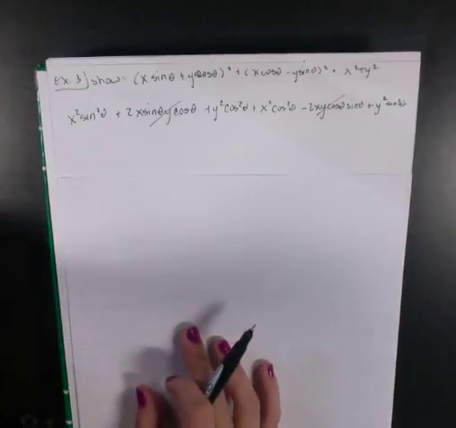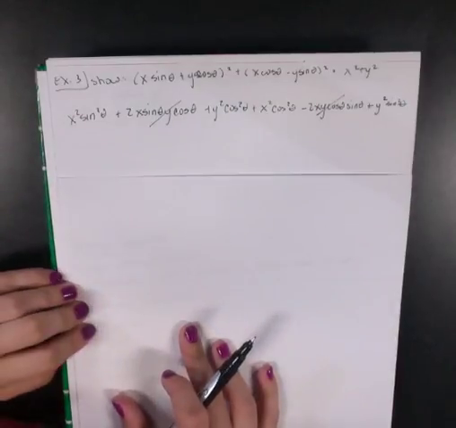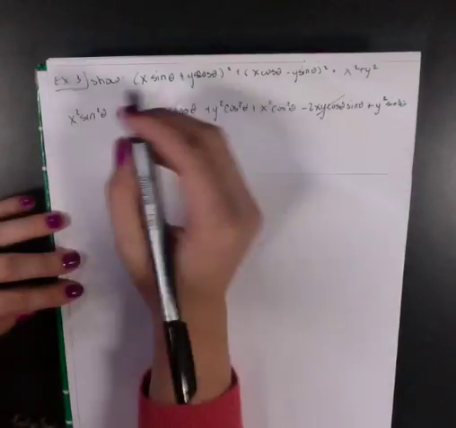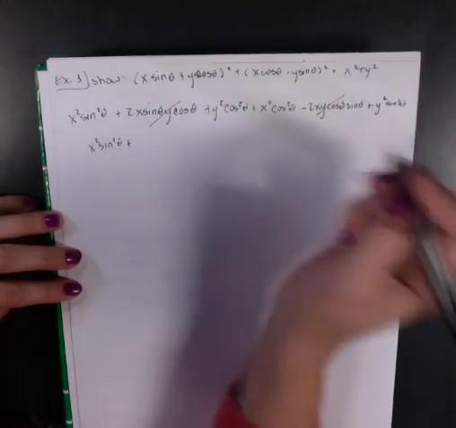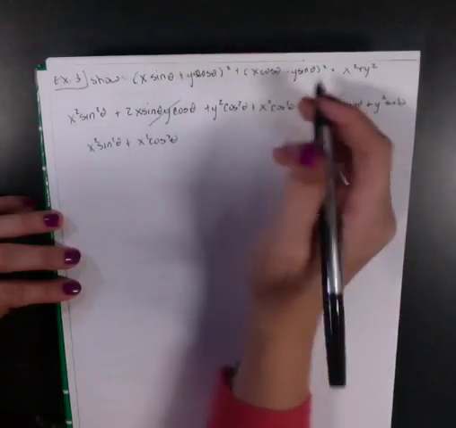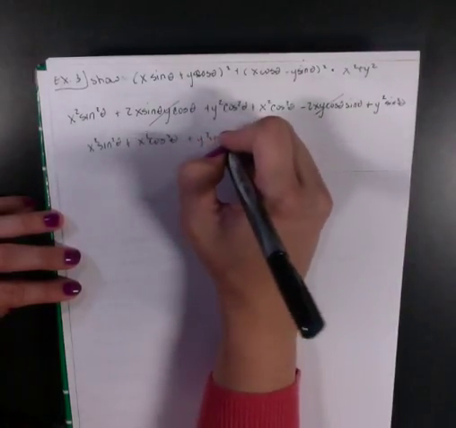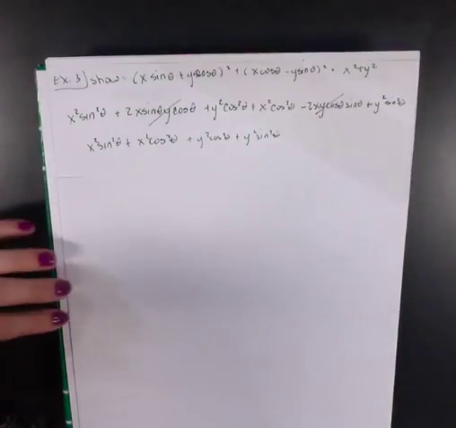So I'm going to group my x terms and my y terms. So I'll have x squared sine squared of theta plus x squared cosine squared of theta. And I'll have y squared cosine squared of theta plus y squared sine squared of theta.